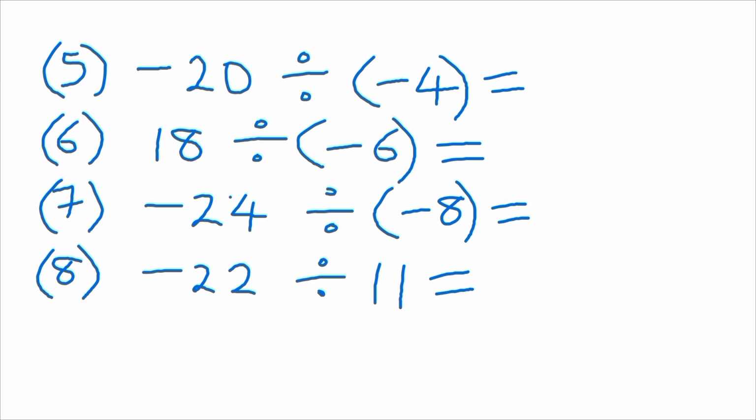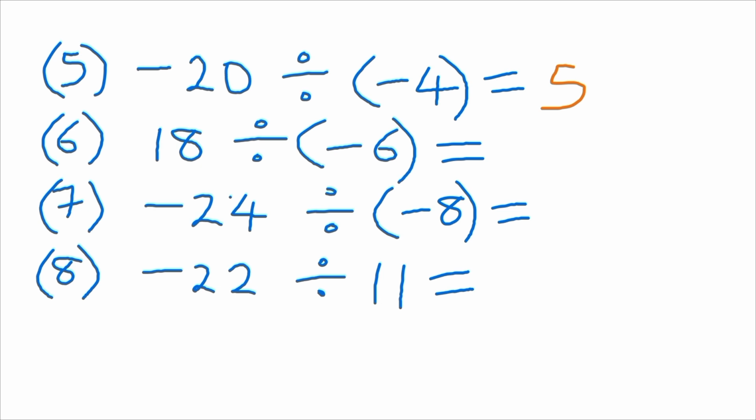That is, the signs are the same. So my answer is going to be positive now. So a negative sign divided by a negative sign gives you a positive sign. So I'm going to have 20 divided by 4, which is 5. So we have a positive answer there.